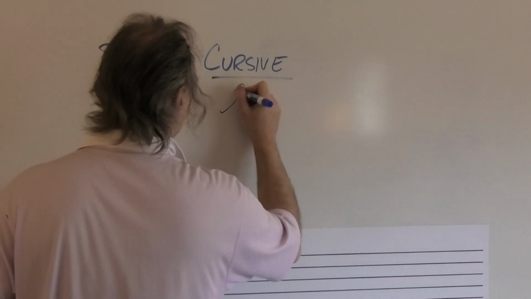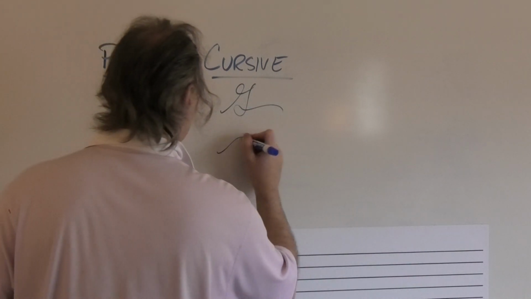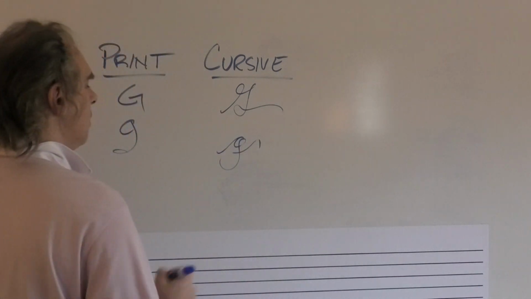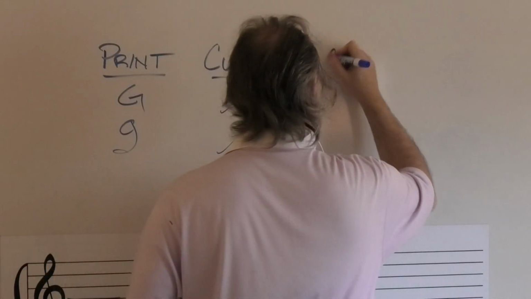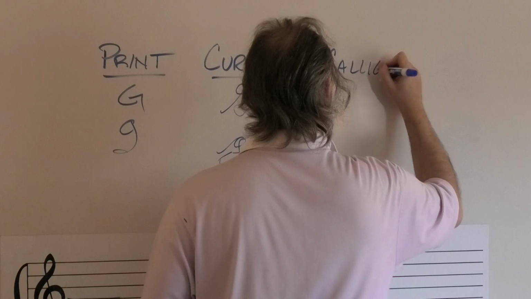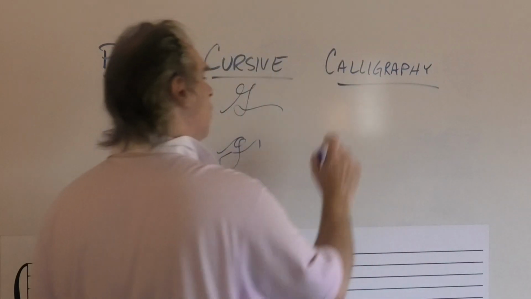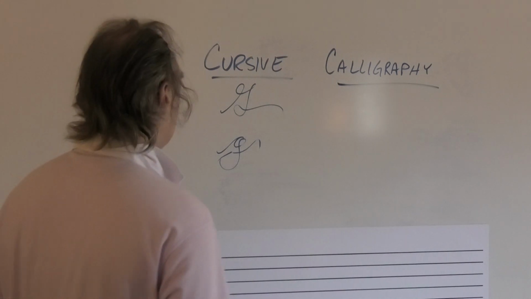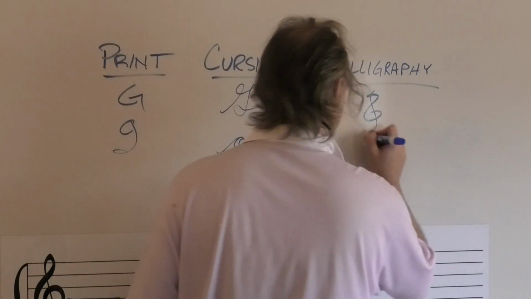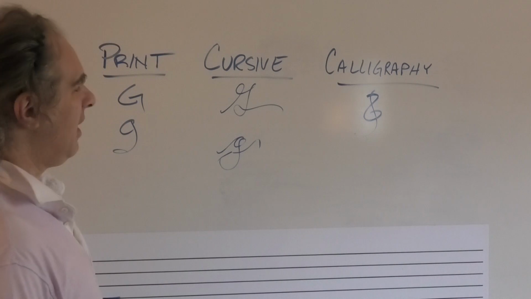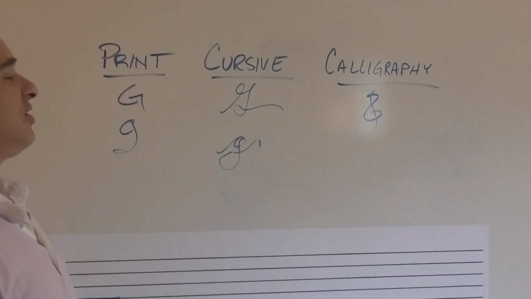In cursive, that's a G. I'm not telling you anything you don't already know. And then we have this other thing here called calligraphy. I don't know if it has one L or two. Maybe I spelled it wrong. Calligraphy is how you draw a G. That's a G. The treble clef is a G.